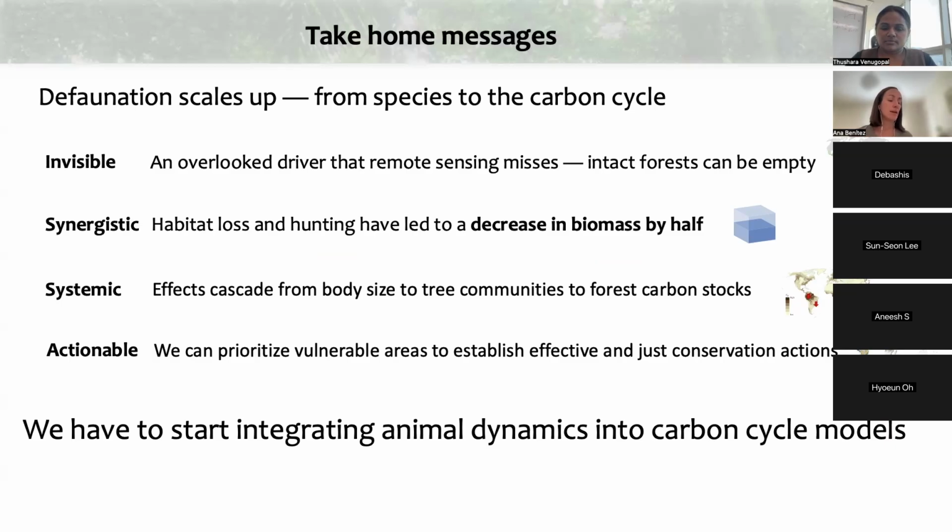Other researchers working in this area have already mentioned that we have to start integrating animal dynamics into carbon cycle models if we want to better account for climate change impacts or mitigation in the near future.